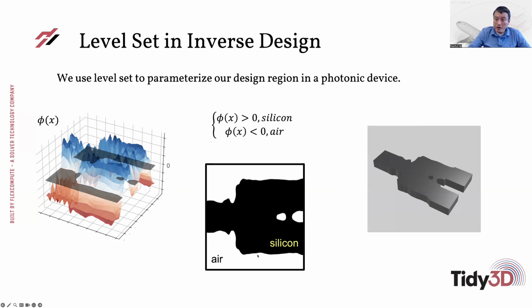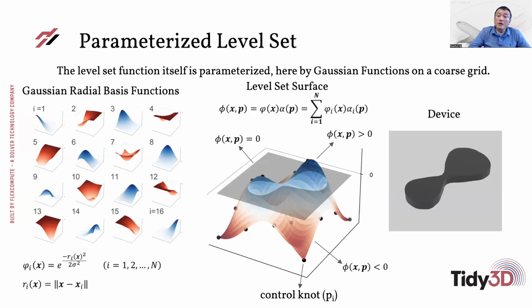In that case, this function here, together with the threshold, defines a dielectric structure as indicated here. More specifically, in what we actually implement in the code, we imagine a function that's a linear superposition, a sum of Gaussian radial basis functions. Each of these basis functions is a Gaussian-looking function as defined by the center position and the width.